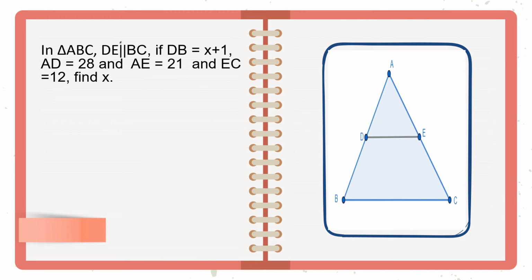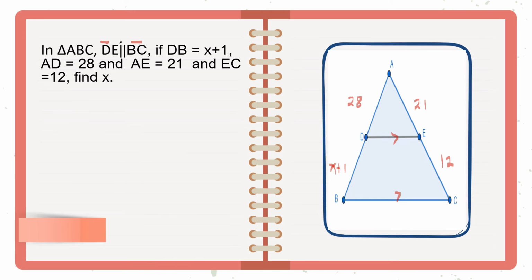Using the same figure, given is that segment DE is again parallel to BC. And then we have DB is equal to x plus 1, AD is equal to 28, AE is equal to 21, and EC is equal to 12.